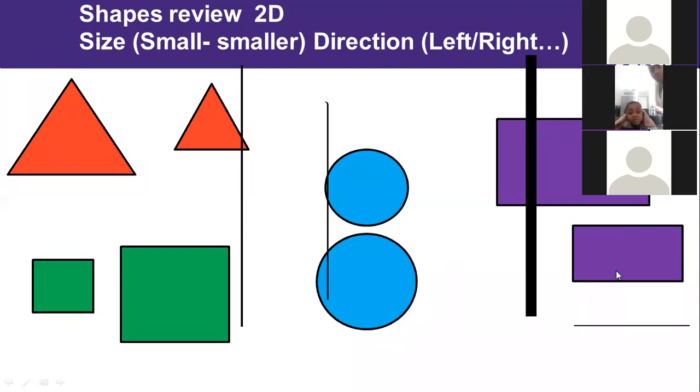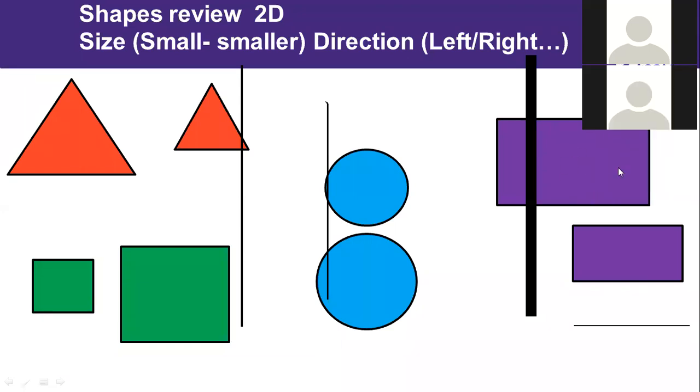That's right. The small rectangle is at the bottom of the big rectangle.